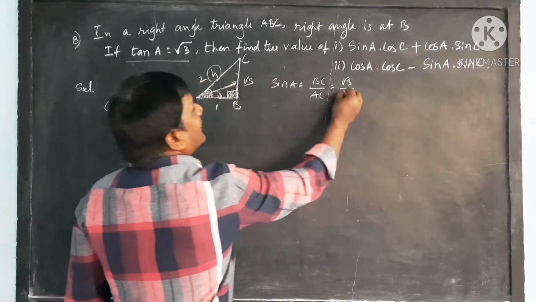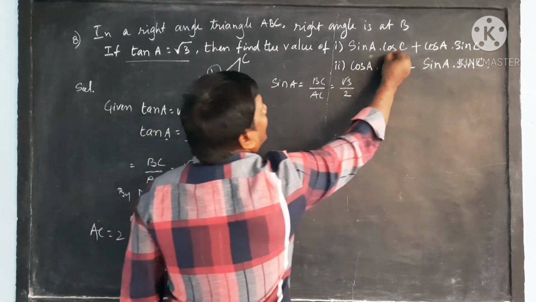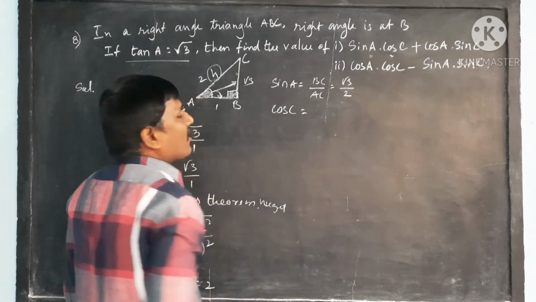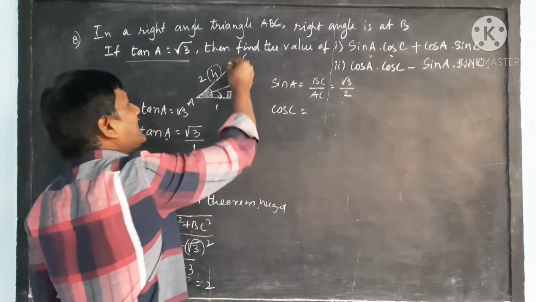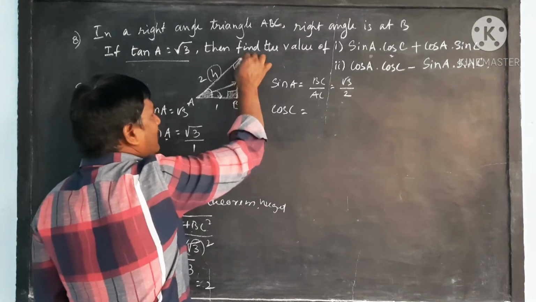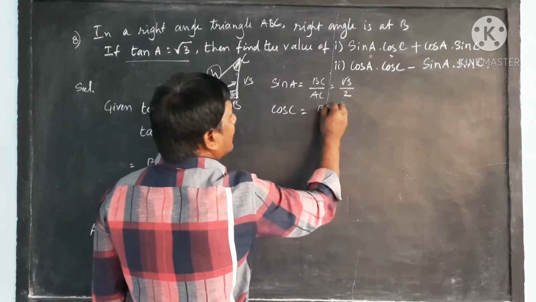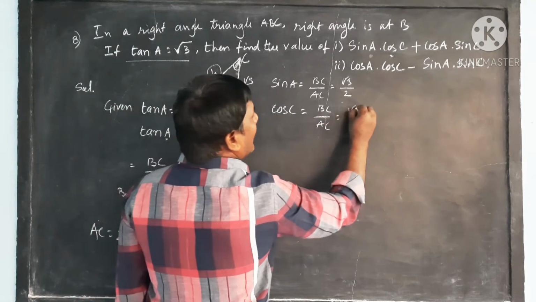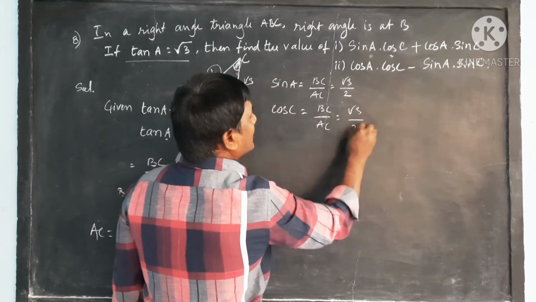Similarly, you can find the value of cos C. Cos C means adjacent side to C by hypotenuse. So the adjacent side to C is BC and the hypotenuse is AC. Same way, BC is root 3 and AC is 2.